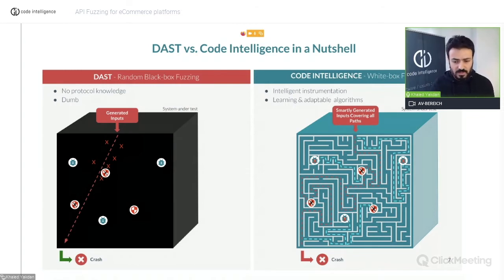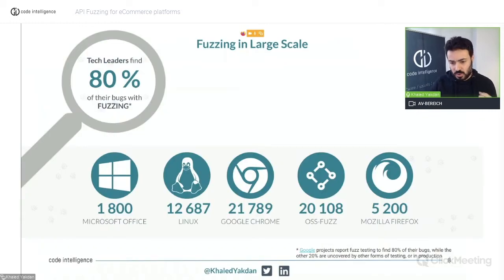And just to show the effectiveness of fuzzing, as done by the big guys: Google and Microsoft find 80% of their bugs using fuzzing only. So fuzzing is the only testing method there.